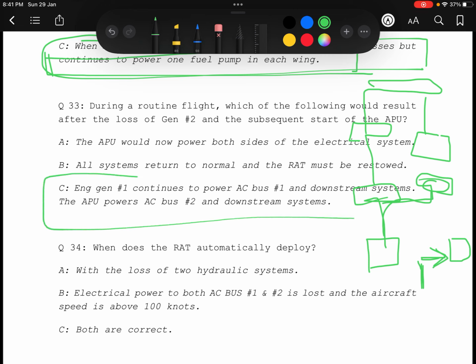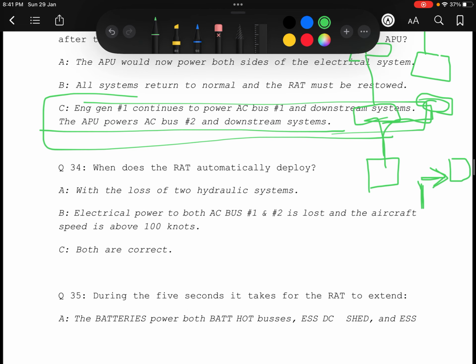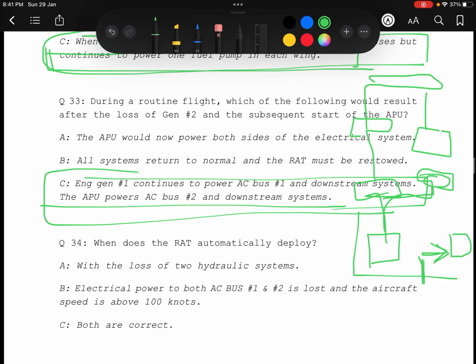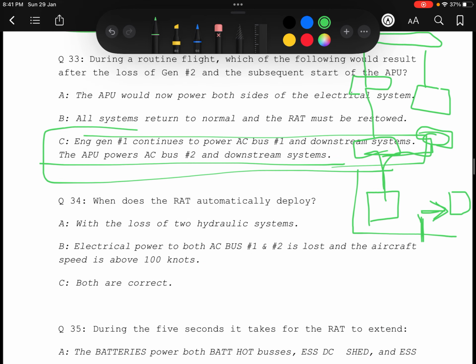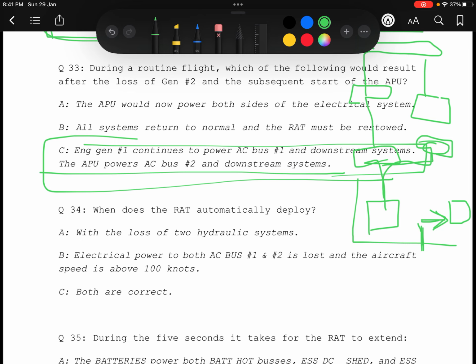So the option will be: engine 1 continues to power AC bus 1 and downstream systems, and the APU powers AC bus 2 and downstream systems, right? So it is not like the APU will take over both sides, or that the RAT will deploy automatically, because there is power on at least one side. The RAT deploys automatically only when there is a power loss at both AC bus 1 and AC bus 2.